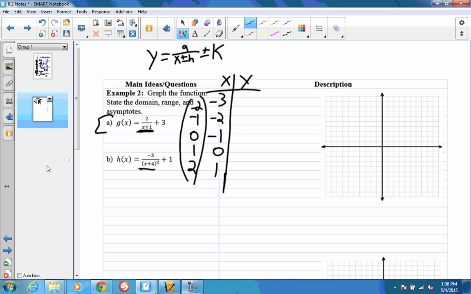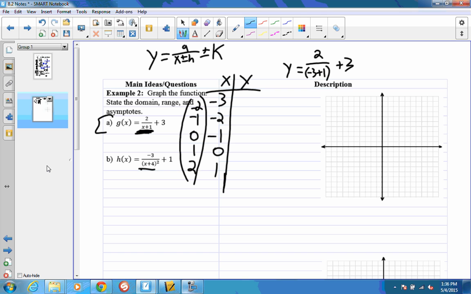So let's plug in -3. So y equals 2 over -3 plus 1 plus 3. So what's -3 plus 1? -2. What's 2 over -2? Yeah, that's -1, right? 2 over -2. Victoria?